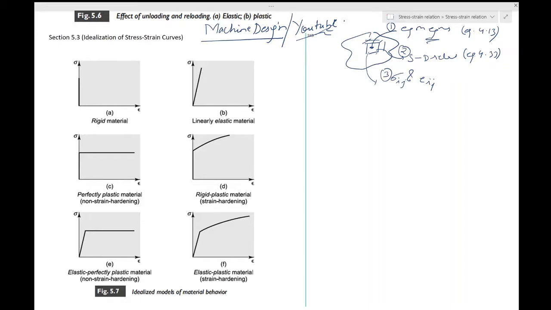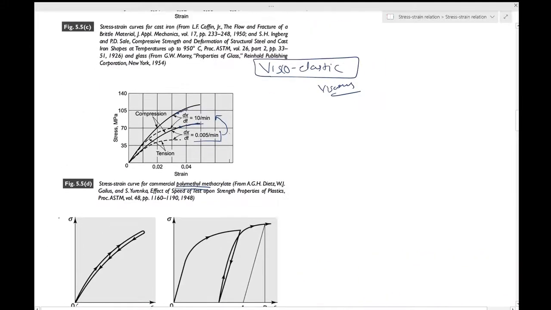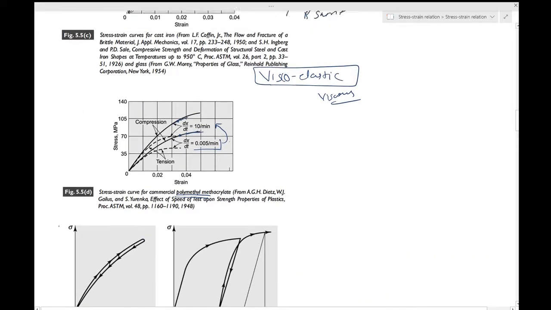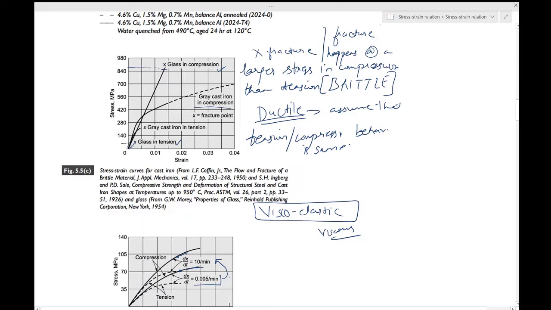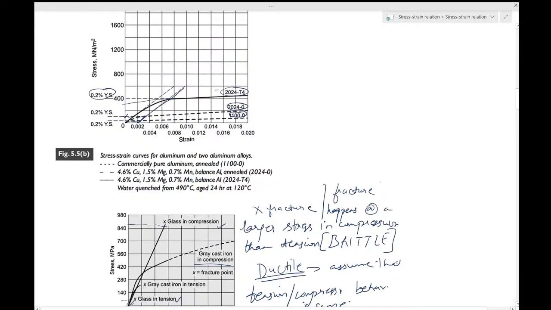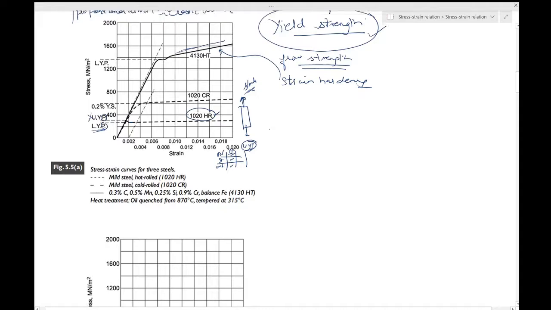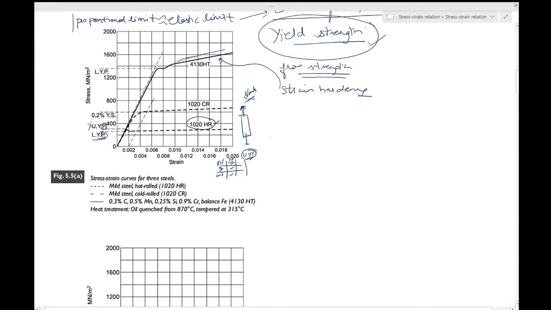And with the exception of glass, no simple mathematical equation can fit the entire stress strain curve. If you look at figure 5.5, no simple equation can fit these curves other than glass, which we can easily fit by a linear relationship. Any other curve which you see, there is no simple curve which will fit the stress versus strain behavior.